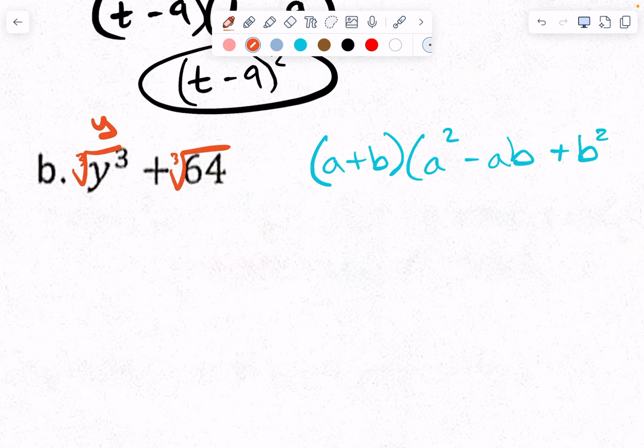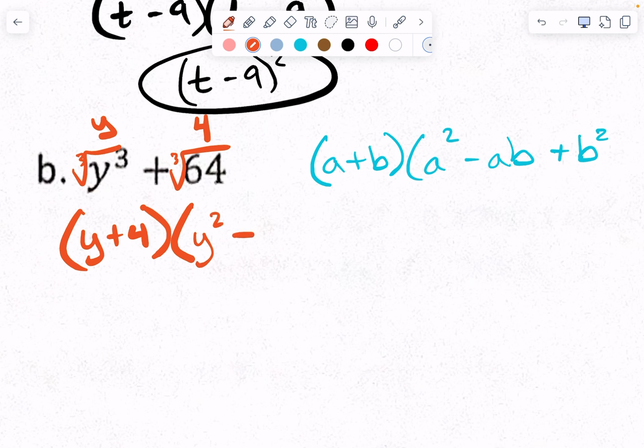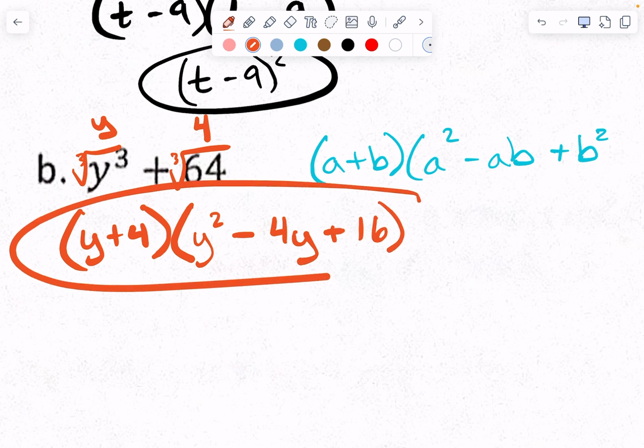What's the cubic root of 64? 4. So a is y, b is 4. So y plus 4 is your first piece. What's a squared going to look like? Y squared minus 4y, yep, plus 16, b squared is 16, and that's it.